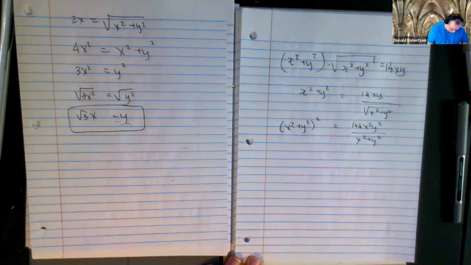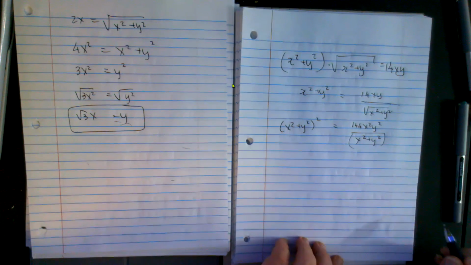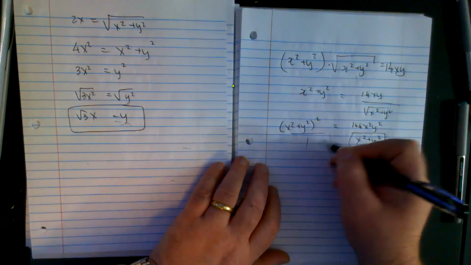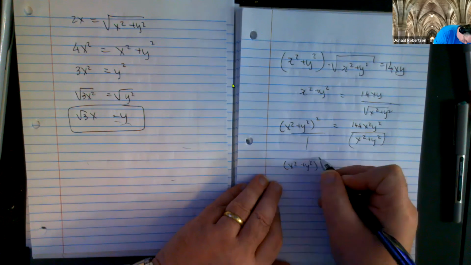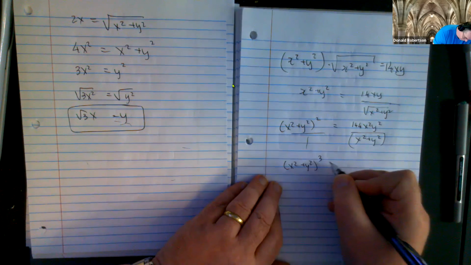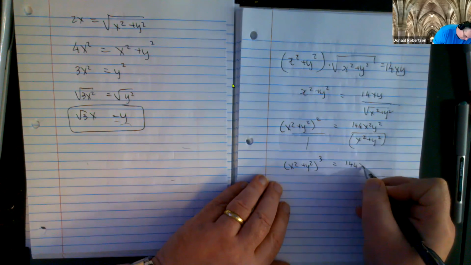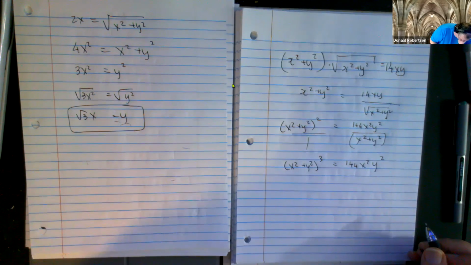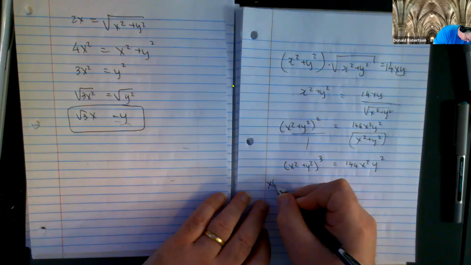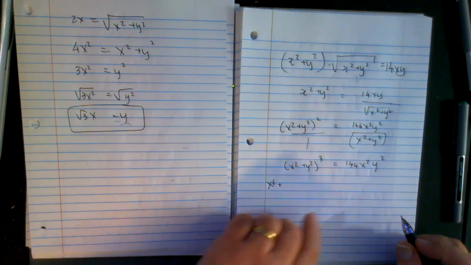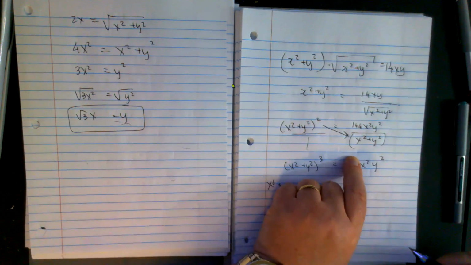Okay, so far so good. Yep. If I do a little cross multiply thing, I'm going to get x squared plus y squared cubed is 144 x squared y squared. If you FOIL this out, you get x to the 6. How did you get cubed? Cross multiply. Oh, okay, I see it now.